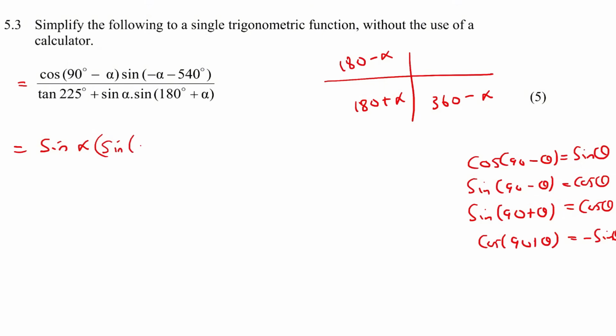So it's going to become minus alpha, minus 540 plus 360, so that's going to become minus 180. But now I'm still not happy with that because that still isn't something over here. So I'm going to add 360 again. You're allowed to add or subtract 360 as many times as you need to, because this is going to give me plus 180.